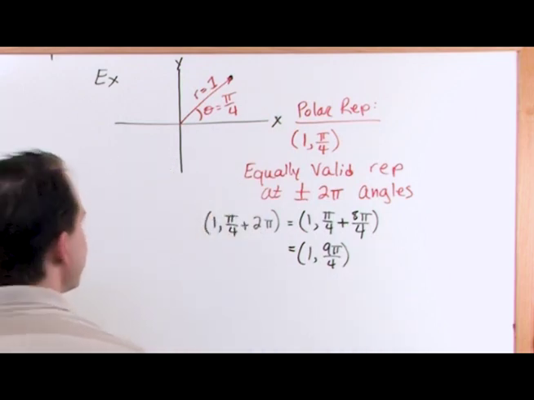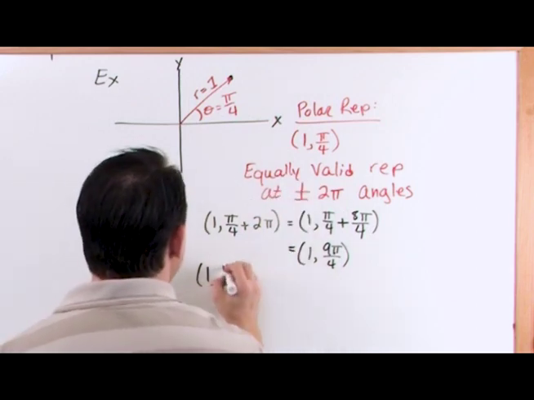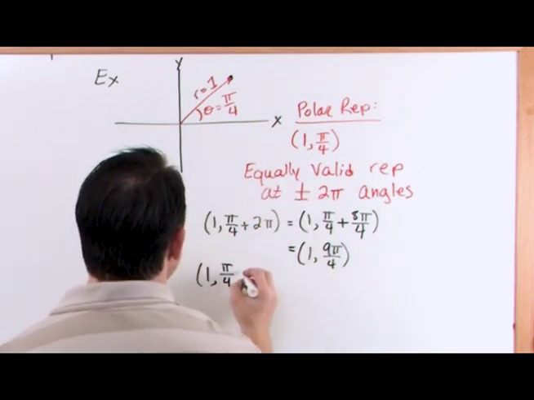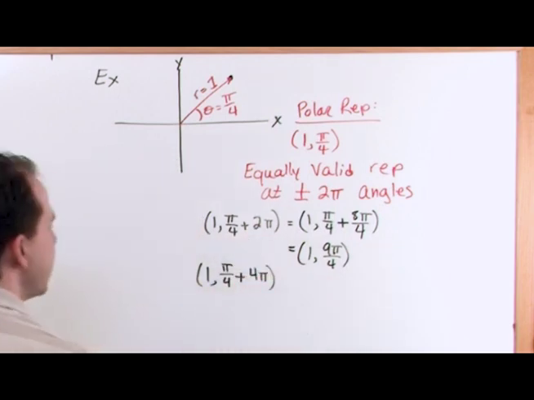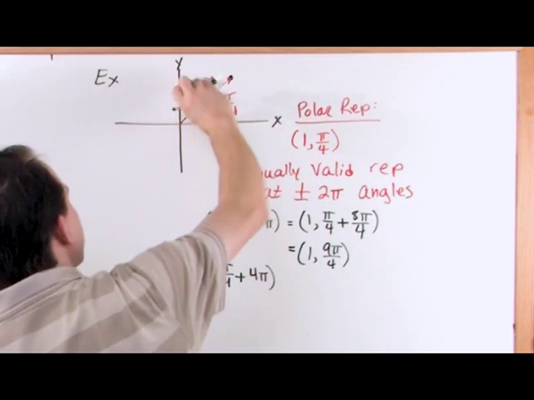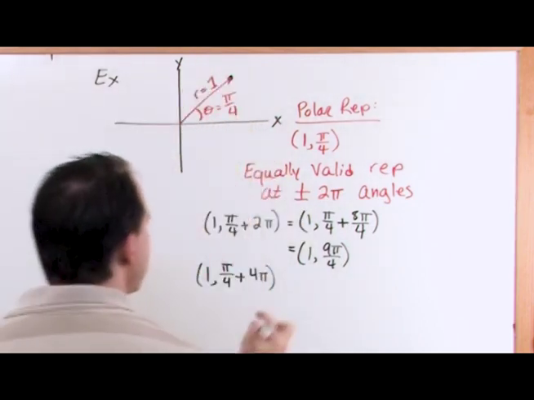I can take this initial point, pi over 4, and instead of adding 2 pi, I can also add 4 pi to it. Think about it: 2 pi goes around once, and then another 2 pi goes around again. So what would that look like?